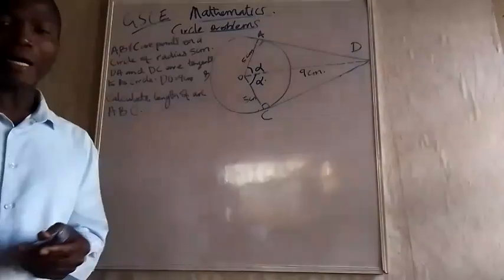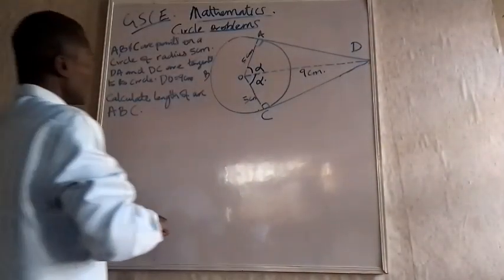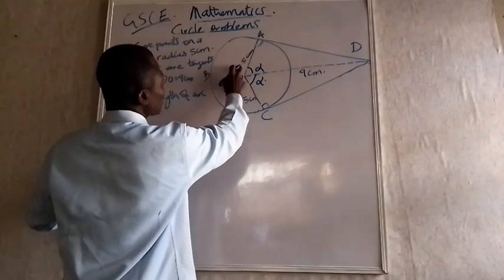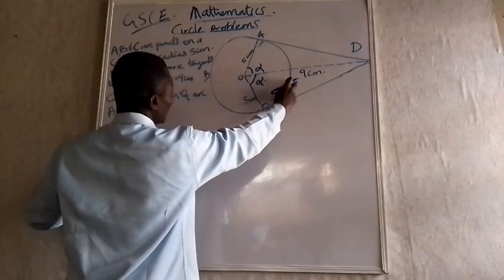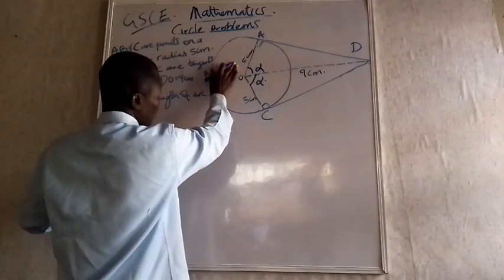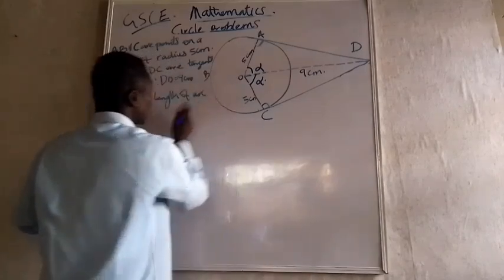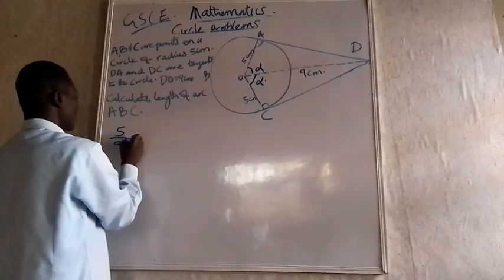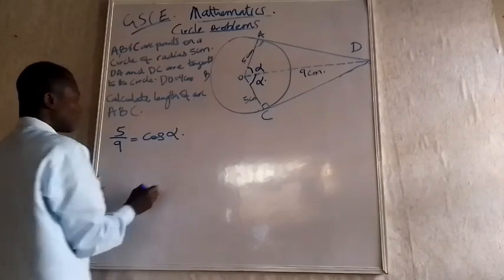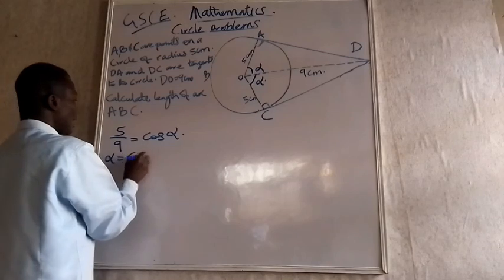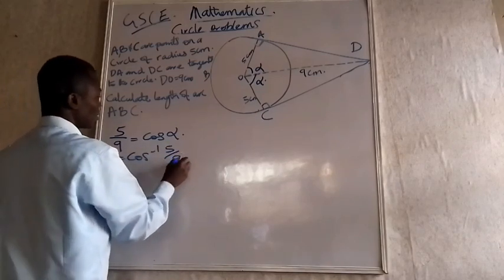So let's just find one alpha. If you look at this, we know this side, we know this side. This is the hypotenuse, this is the adjacent. So we can say that 5 over 9 is equal to cos alpha. So alpha is equal to arccos of 5 over 9.